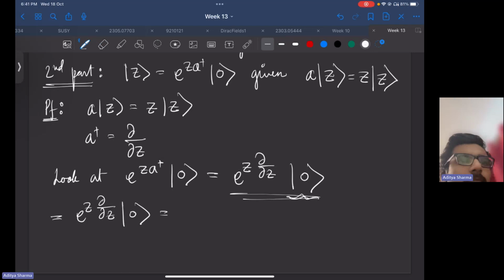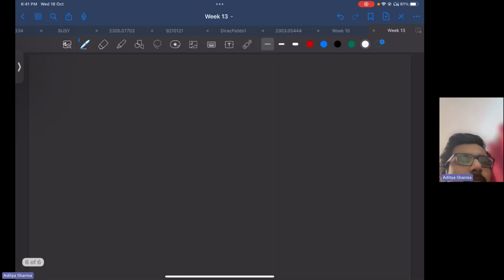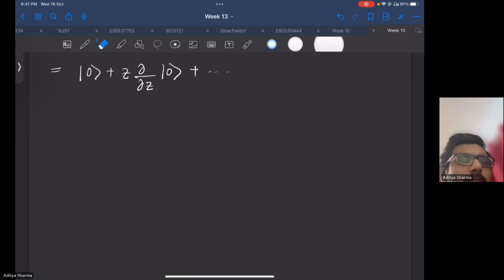on 0 can be written as 1 plus z del del z plus z square by 2 factorial del square plus dot dot dot acting on ket 0, and this can be written as 0 plus z del del z on 0 plus z square by 2 factorial del square acting on 0.